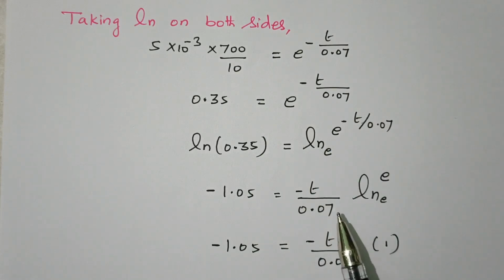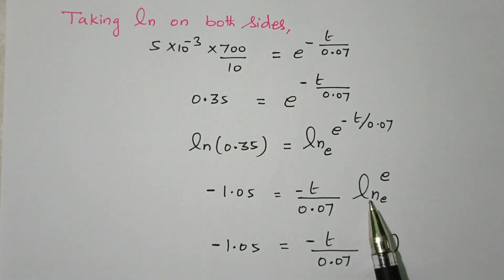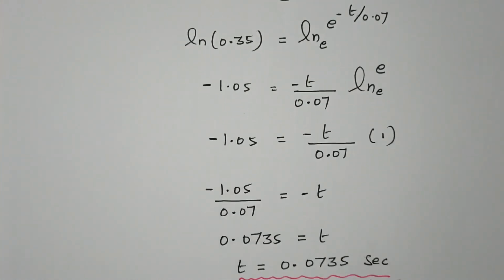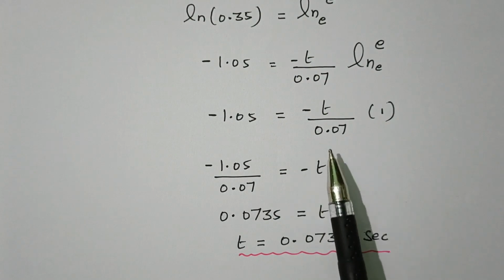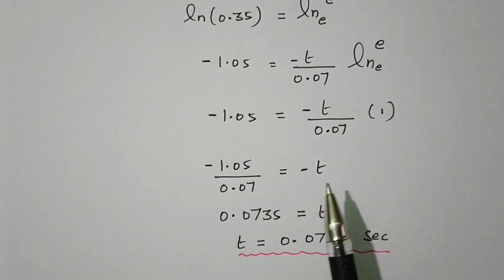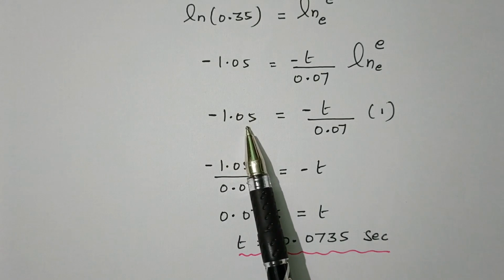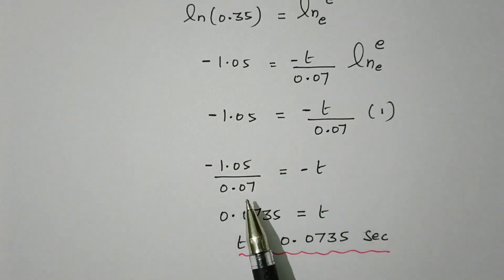So we can go for further simplification. Minus 1.05 equals minus t divided by 0.07. Log e with base e is nothing but 1. We know that log e with base e is 1. Now we can simplify further: t equals 1.05 into 0.07.